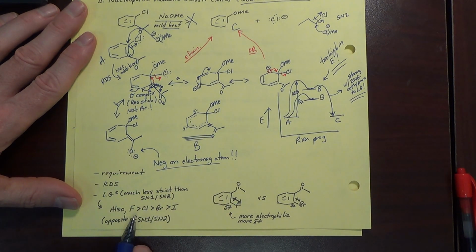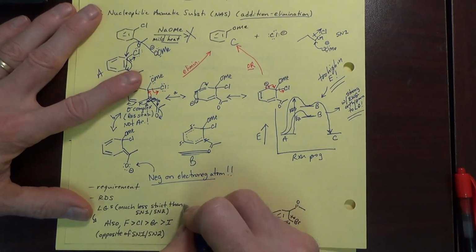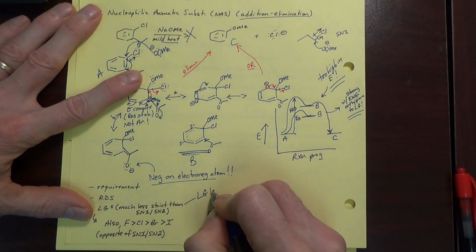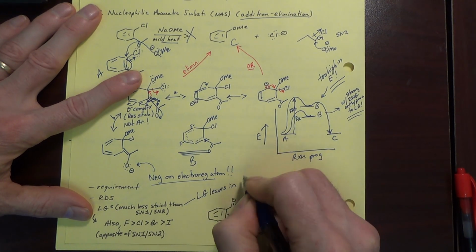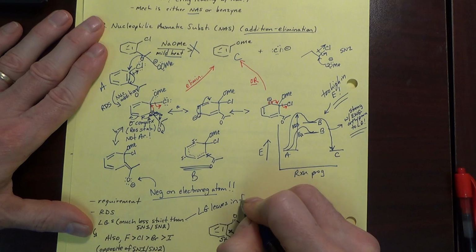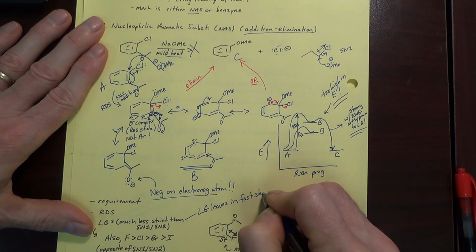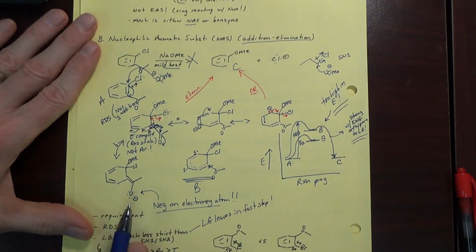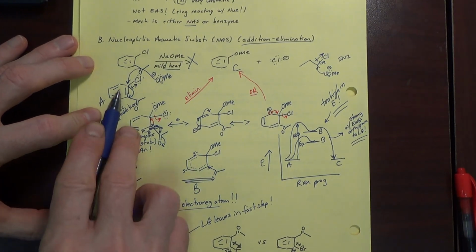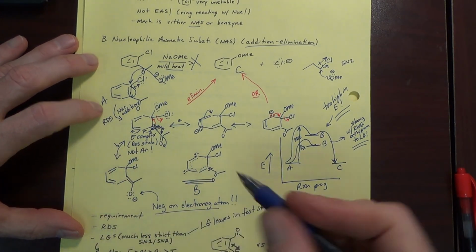In the NAS mechanism, many things can serve as leaving groups because the leaving group leaves in the fast step. In the rate determining step, the leaving group hasn't left.